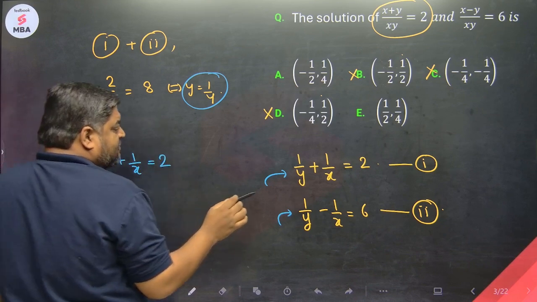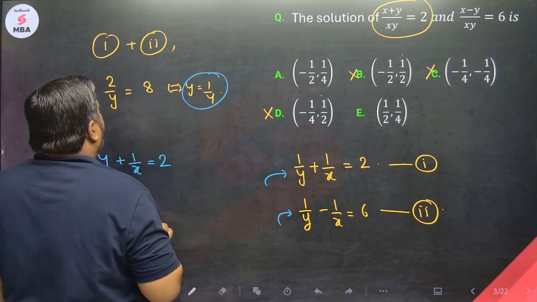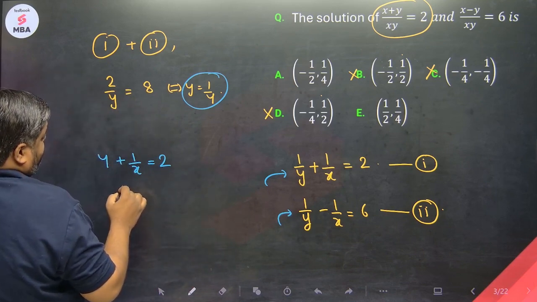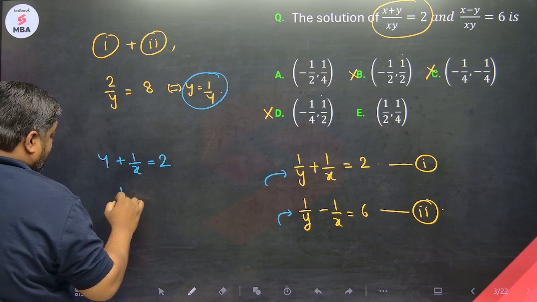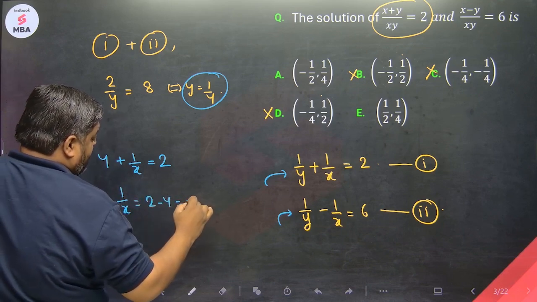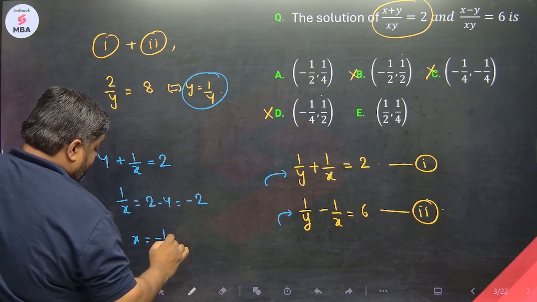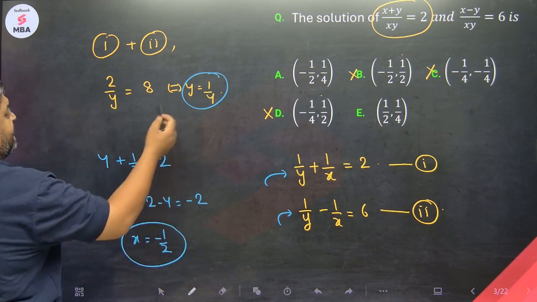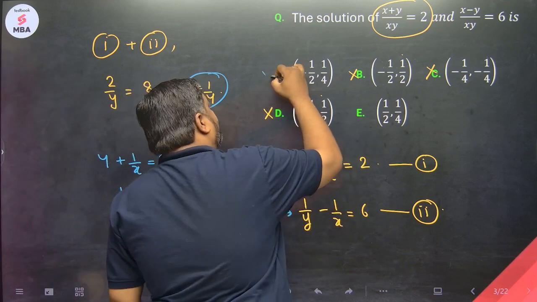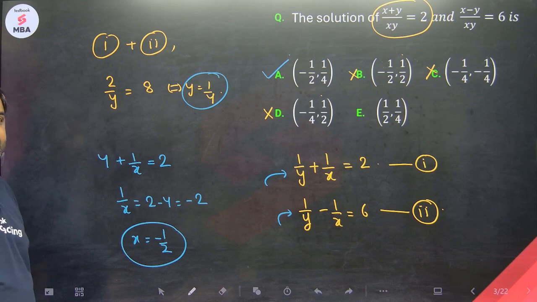Look, y was 1 by 4, so 1 by y would be 4, right? This gives me 1 by x as 2 minus 4, that is minus 2, so x would be minus 1 by 2. So my y is 1 by 4, x is minus 1 by 2. Option A was the right answer.